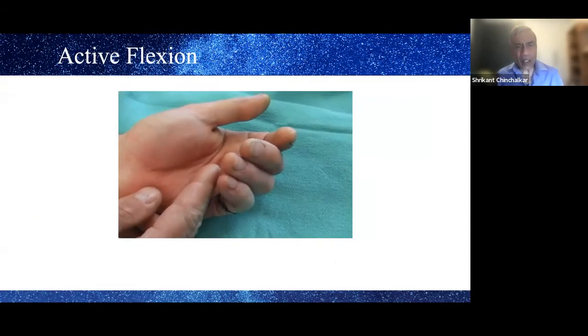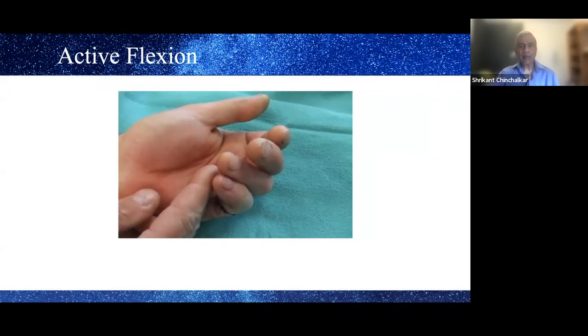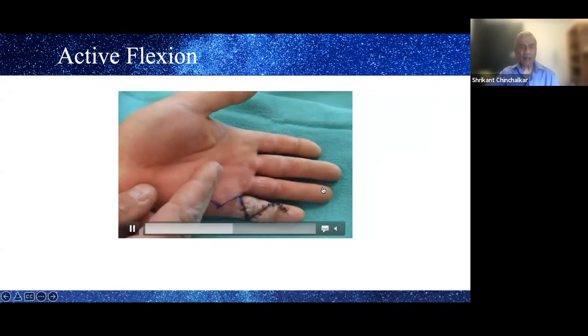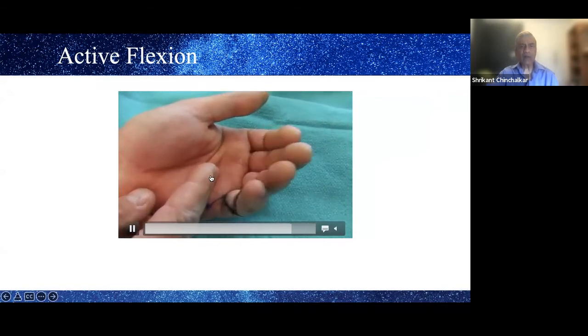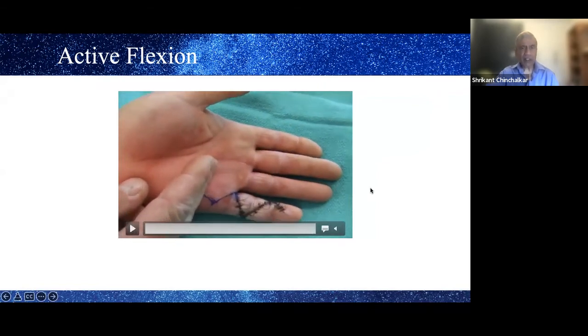And then we modified our treatment program by encouraging patients to perform active flexion to the limits of finger distance. Because we identified that the patients had difficulty understanding what exactly is 50% arc of motion.